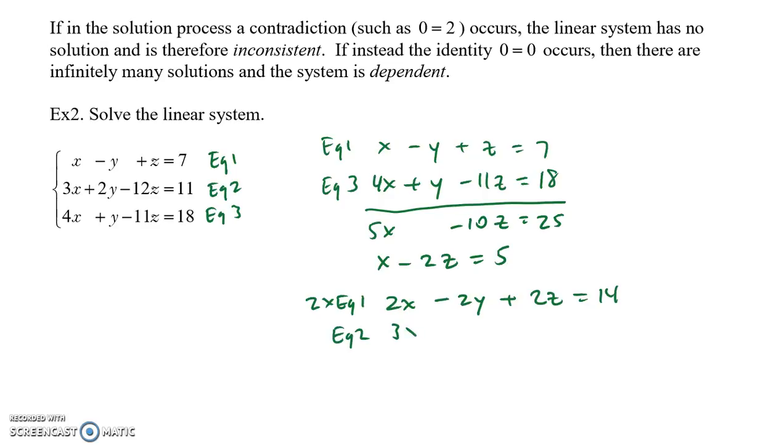That's 3x plus 2y minus 12z equals 11. All right, and then adding like terms, 2x plus 3x is 5x. The y terms cancel. 2z minus 12z is minus 10z, and 14 plus 11 is 25.